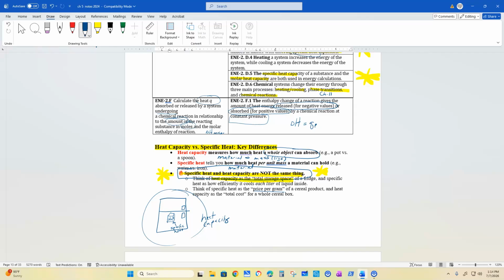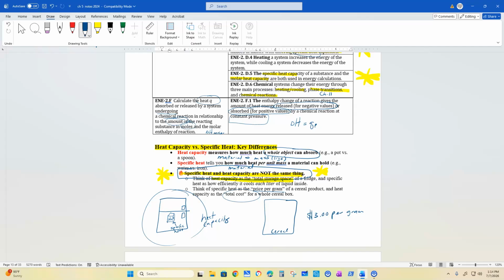So if this box of cereal says it's $3 per gram, okay, that would be kind of a lot, because most of the stuff we weigh in ounces and pounds. Heat capacity is the total cost of that box of cereal.